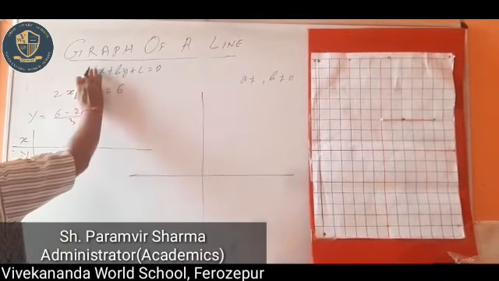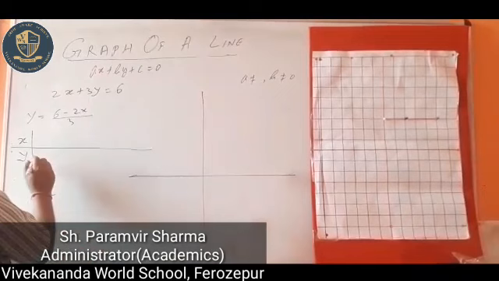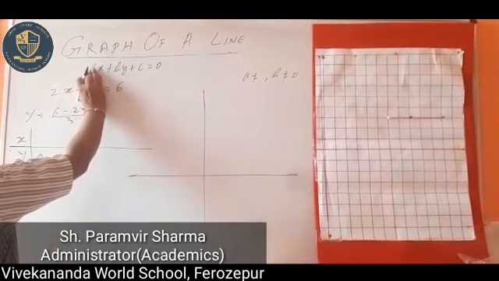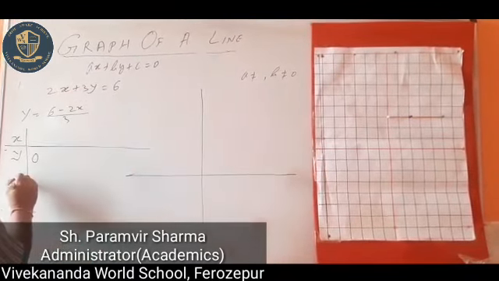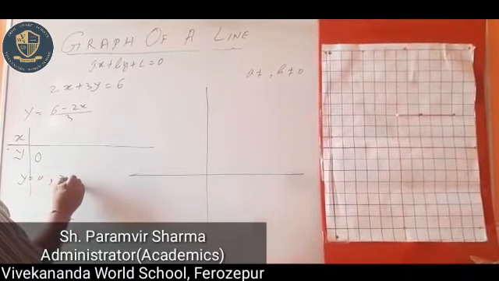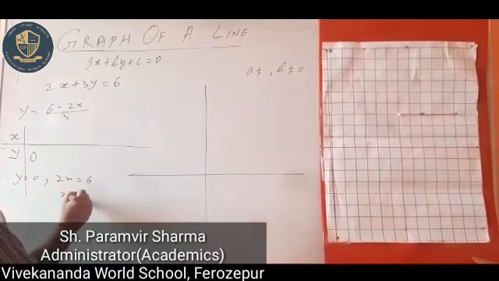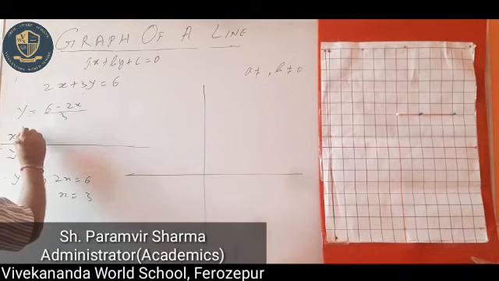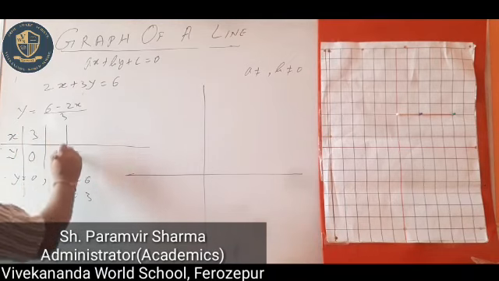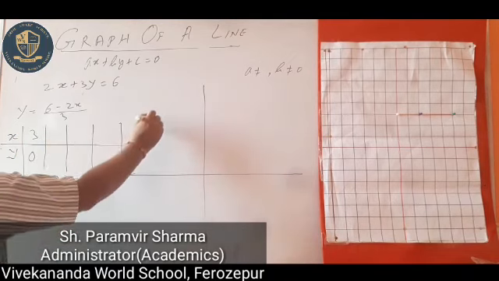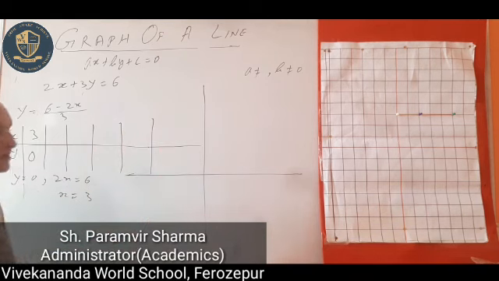So in this case we put y is equal to 0. Then at y equal to 0, 2x is equal to 6, x is equal to 3. Now the thing is how to find more points when the information of one point is with us.